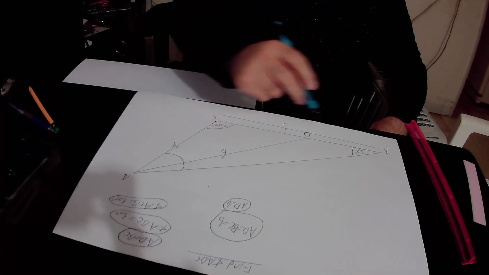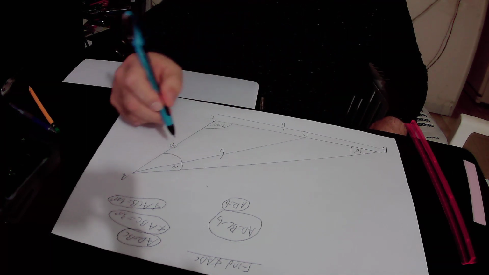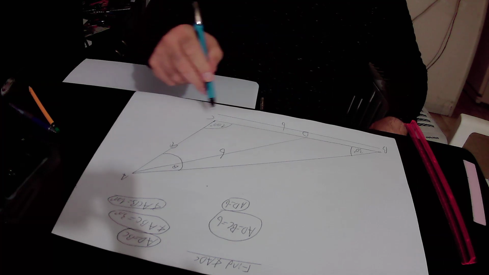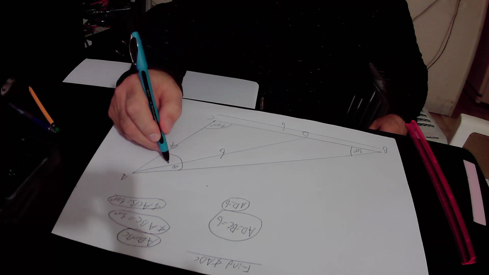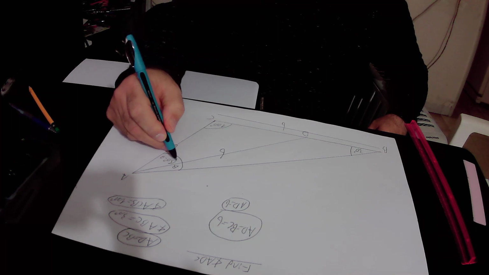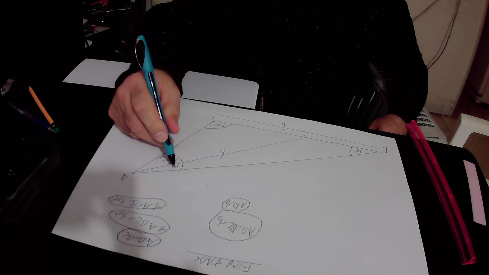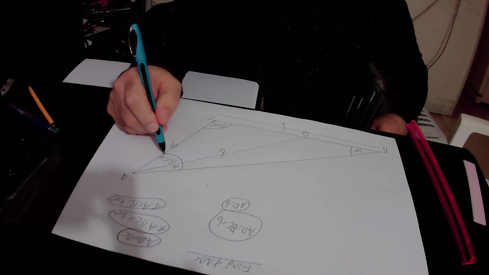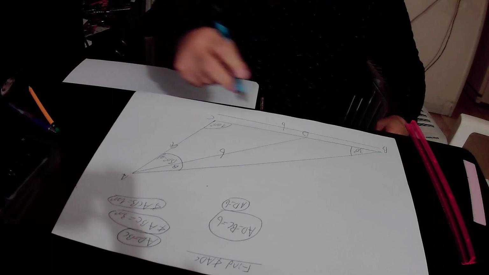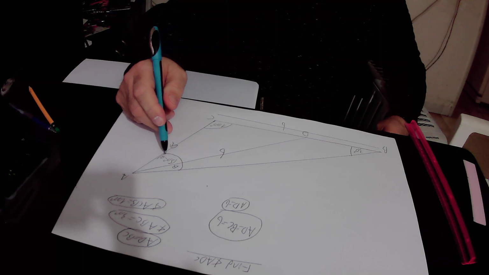Therefore, if we define angle BAD as theta, then angle DAC will be equal to 50 degrees minus theta, because the sum of the angles must be equal to 50 degrees. So angle theta plus 50 degrees minus theta equals 50 degrees. So angle DAC must be equal to 50 degrees minus theta.